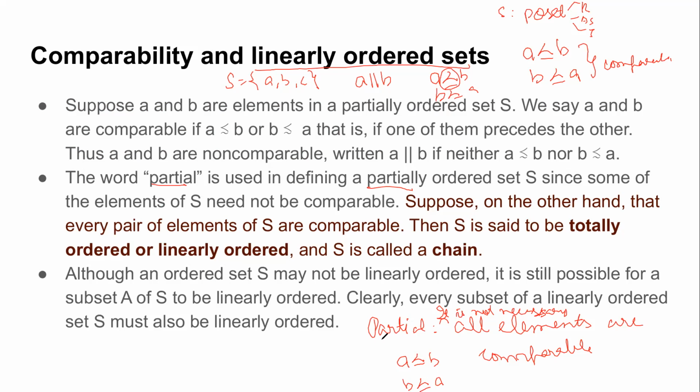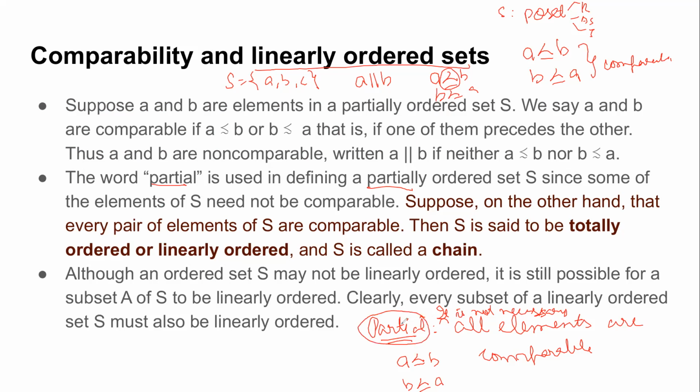Yes, class. In this, you have partial, right? Some elements may be comparable, some may not be comparable. So what would be the obvious generalization of this? I told you what I mean when I say it's partial.